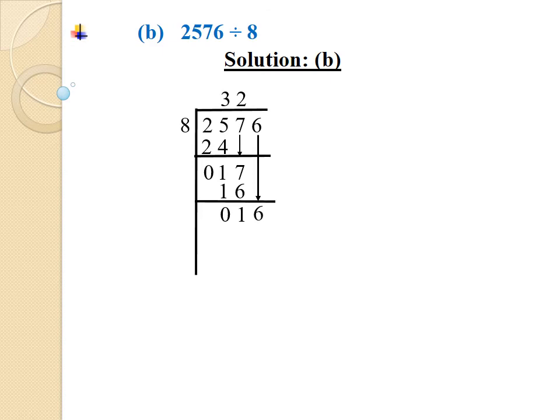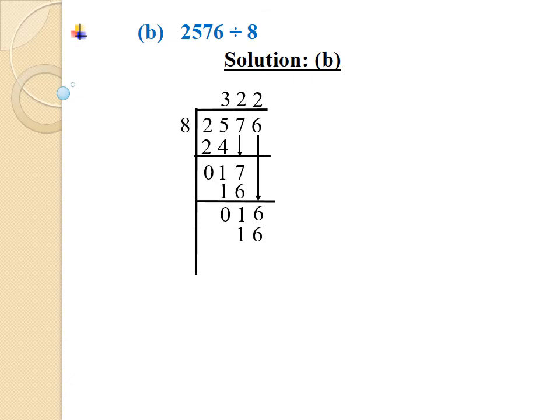Students, now again we have to say the table of 8. Students, we know that 8 twos are 16. So we have to write 2 up and 16 below 16.